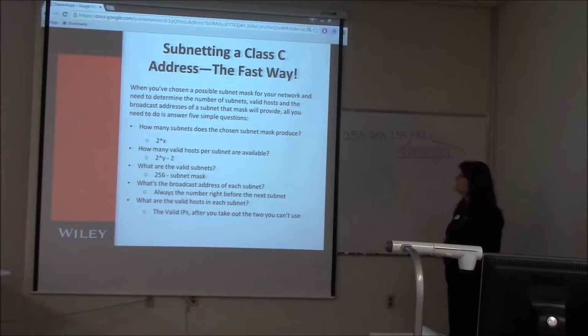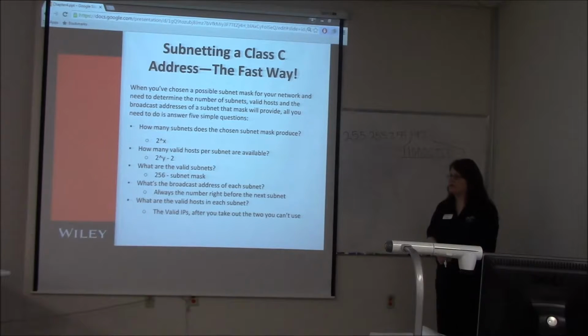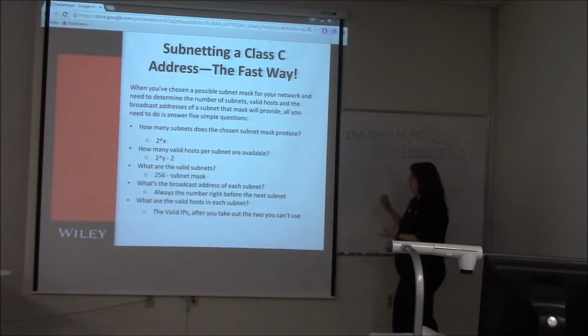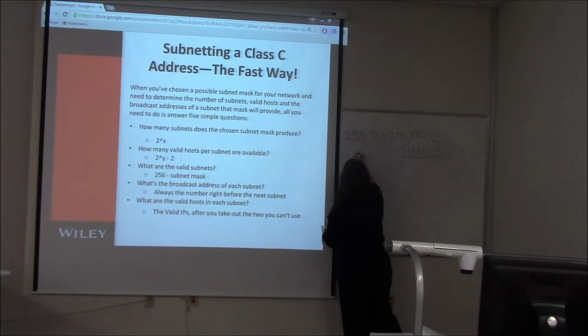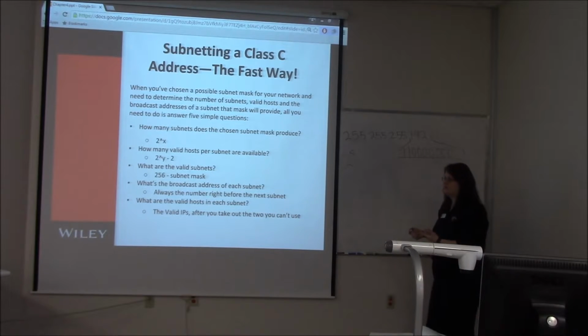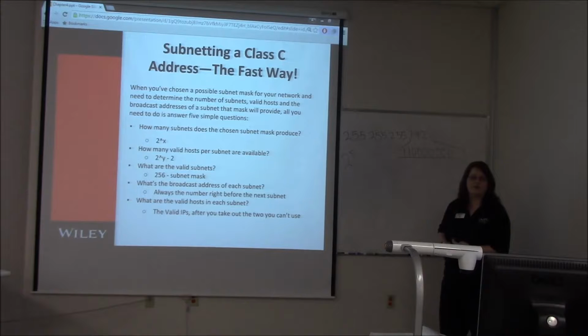I need to know how many subnets that subnet mask gives me. For the formula, I'm not crazy about X and Y. I like letters that mean something. So I'm going to say 2 to the S, because S helps us determine subnets. 2 to the X, same thing. It's just a variable, right?